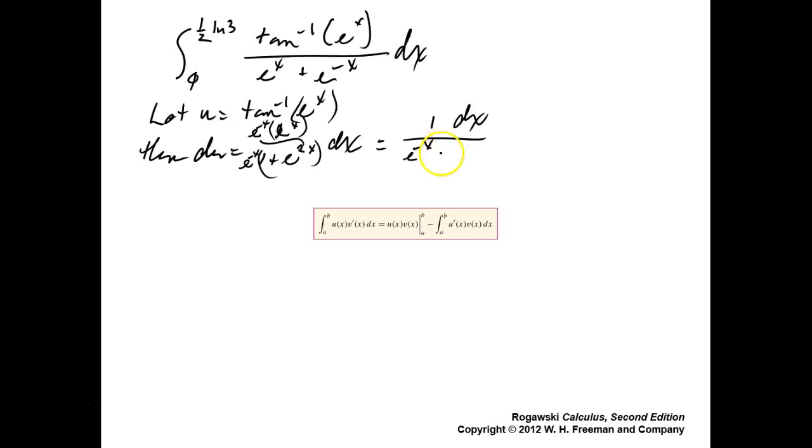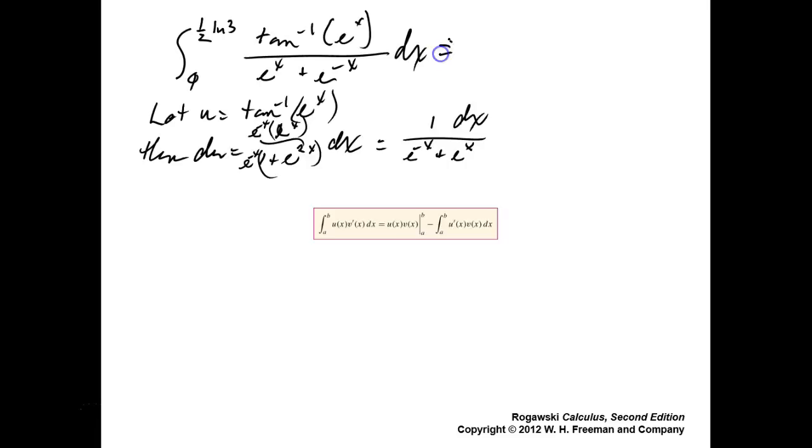E to the minus x plus, you got it. And look what our denominator is up above. Almost exactly that, just flip the sides on the add-ins, and you got exactly that. So that is our du. Right? Okay.